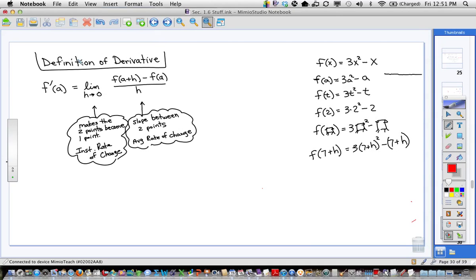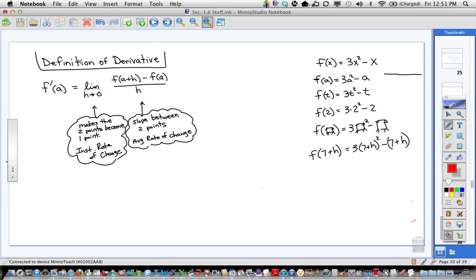Alright? So the idea of a limit is the key. That's what makes calculus calculus. This is just algebra 1 right here, slope between 2 points. This makes it instantaneous rate of change. So, cover this up, you've got slope between 2 points. You have to put an approximate sign there, right? The slope's approximately whatever those 2 points are. You throw that in there, you've got the exact slope.